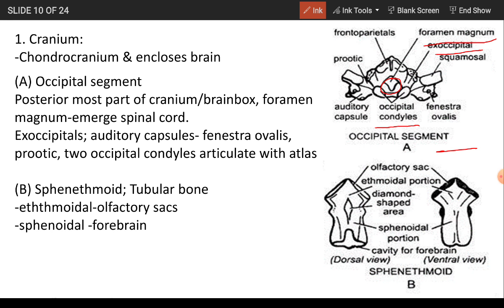The exoccipital firmly gets fused with the auditory capsule on its outer sides, forming wing-like projections, and it encloses a minute opening called fenestra ovalis.